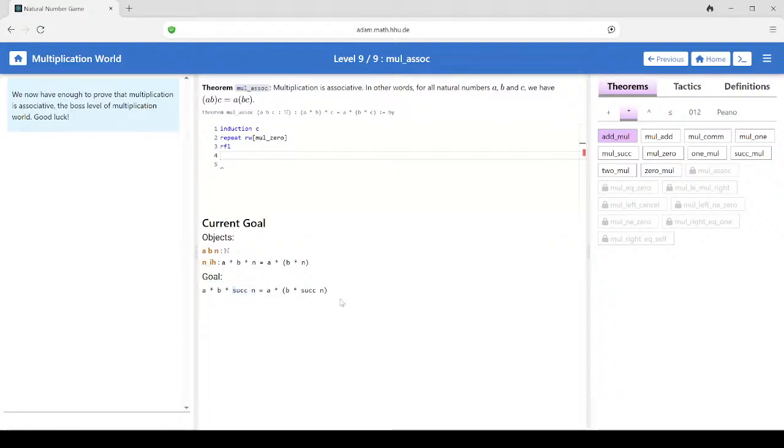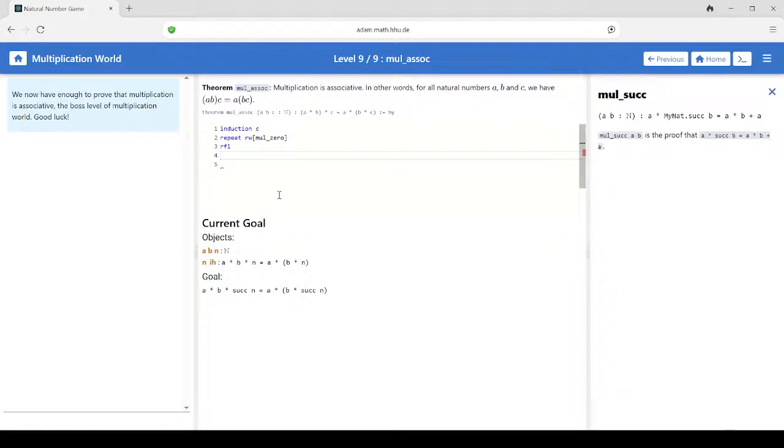What else can I do to get rid of the successor of n? I don't think there's anything else I can do. We get to here. Oh, that's where the plus a came from. So now we have a times b times n plus a times b.